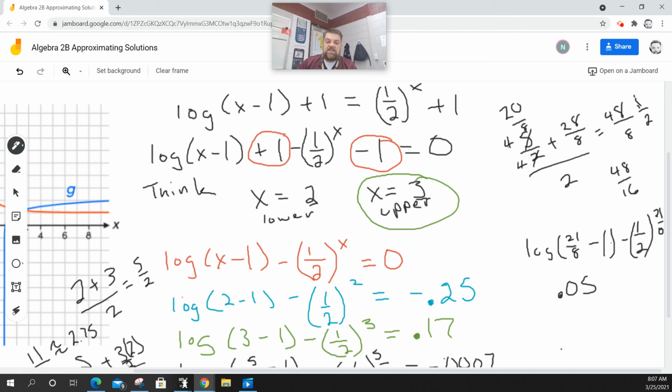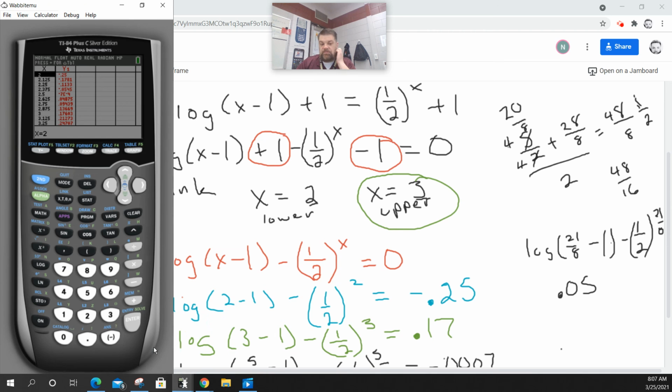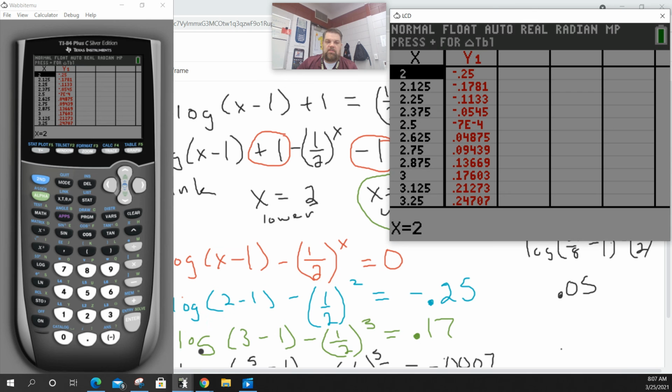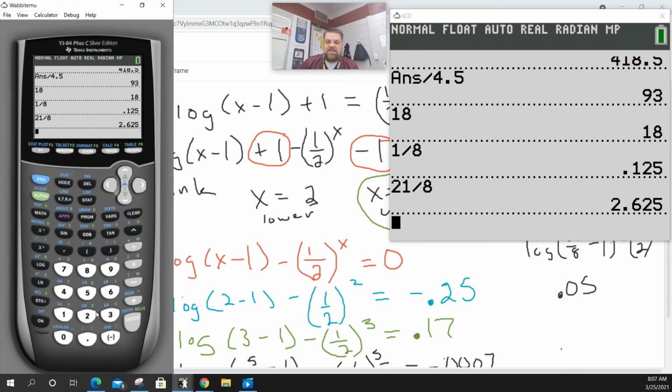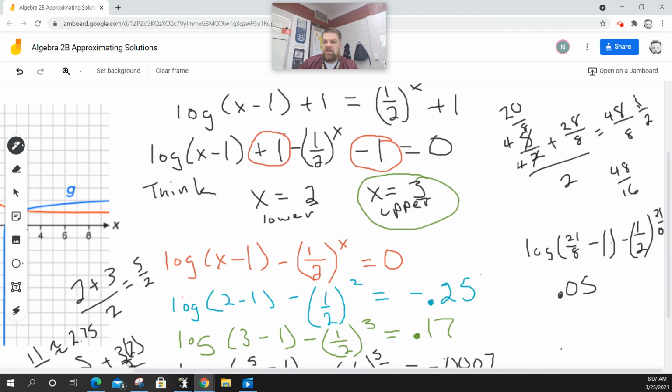Now to find 1/16, I'm going to take my calculator. Could you imagine if we did all those problems this way? So I'm going to take my calculator and say 48 divided by 16, so I know where to look. It's going to be 2 point something. No, it's not 48 over 16. It can't be. Oh, you know what?